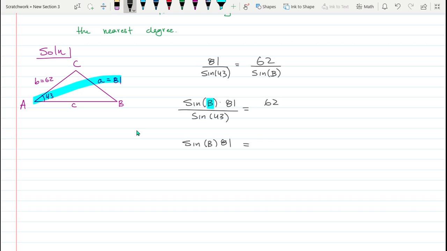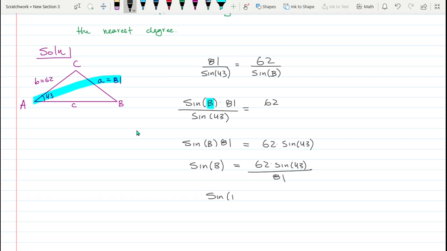So we'll have 62 times sine of 43. And then we're going to divide both sides by 81. So we have 62 times sine of 43 over 81, right? Plug that into the calculator and we get the following.